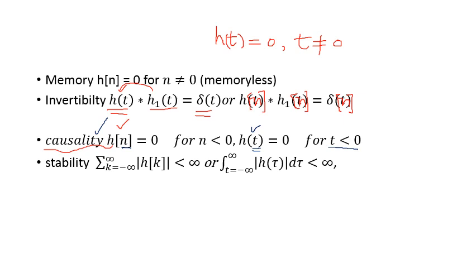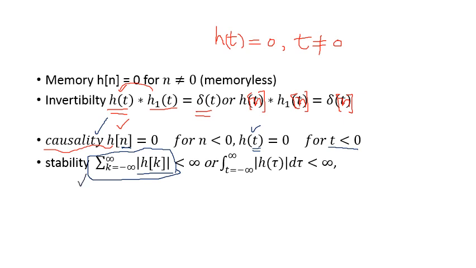So you understand that knowing only the impulse response, we know the whole behavior of the LTI system. Similarly, for stability, we say the system is stable if its impulse response is absolutely summable. What does that mean? That means if I sum this, because it's the discrete time case, so in discrete time case we use the summation.